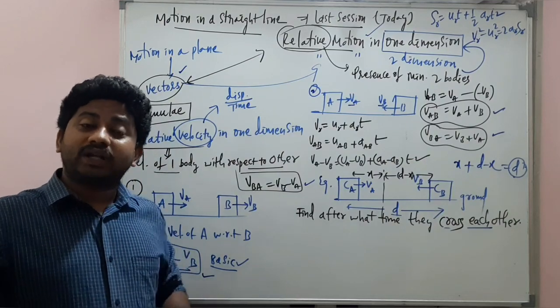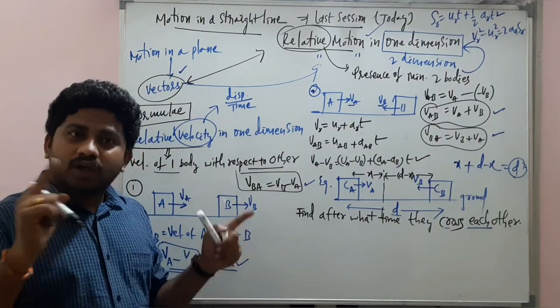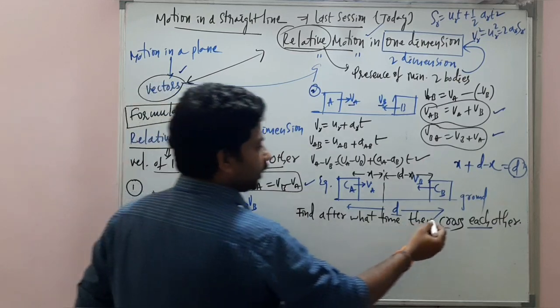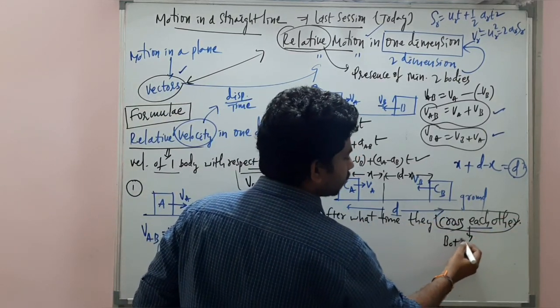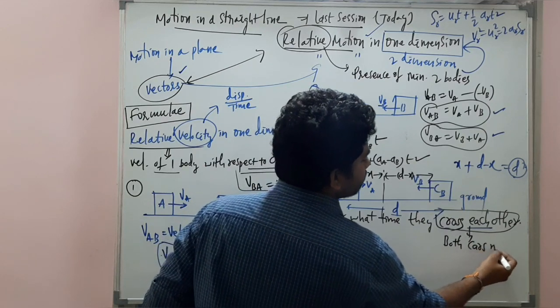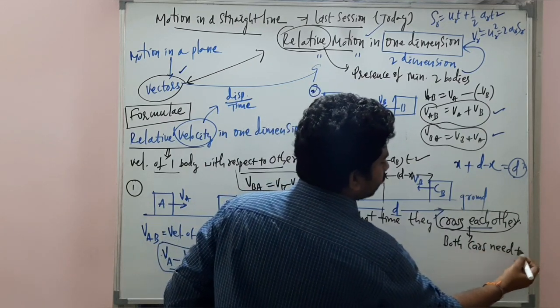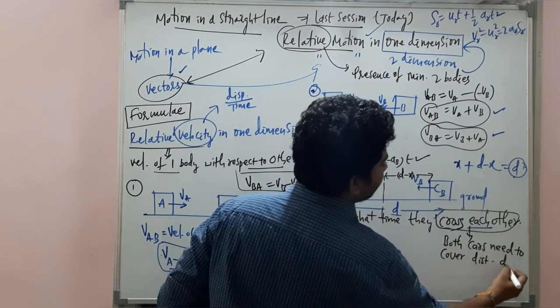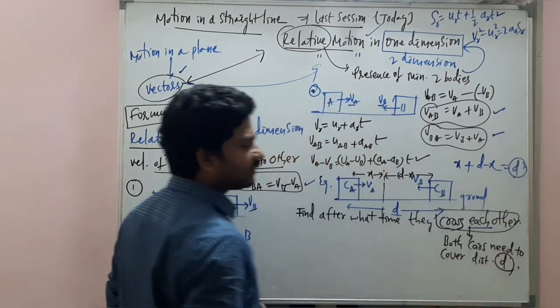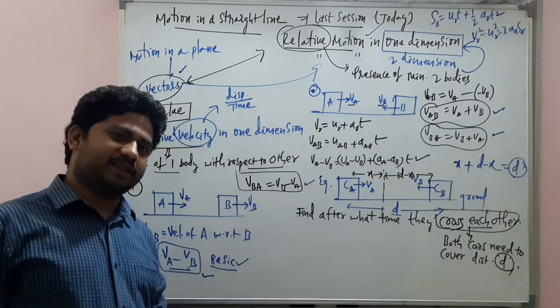So the point to be noted is that to cross each other, both cars together need to cover distance d. Understand? Both need to cover what? D. First thing.